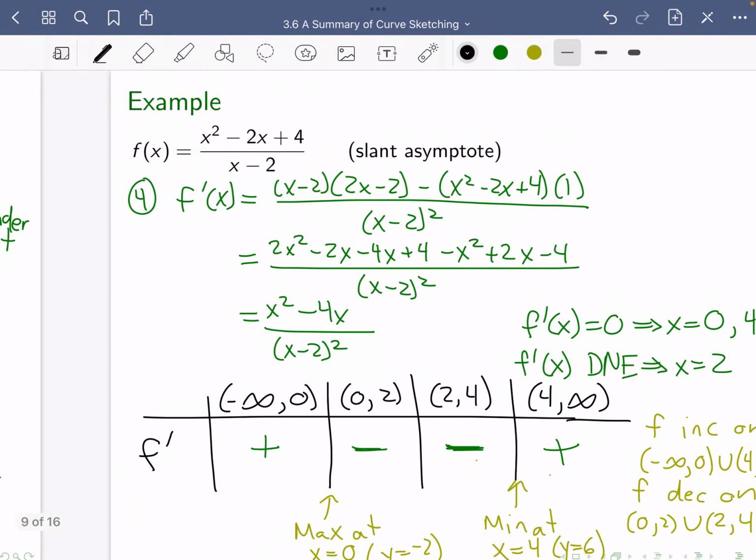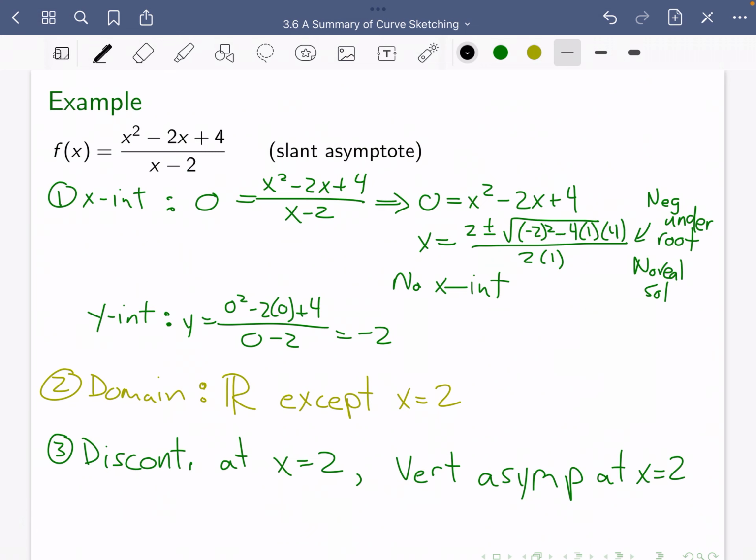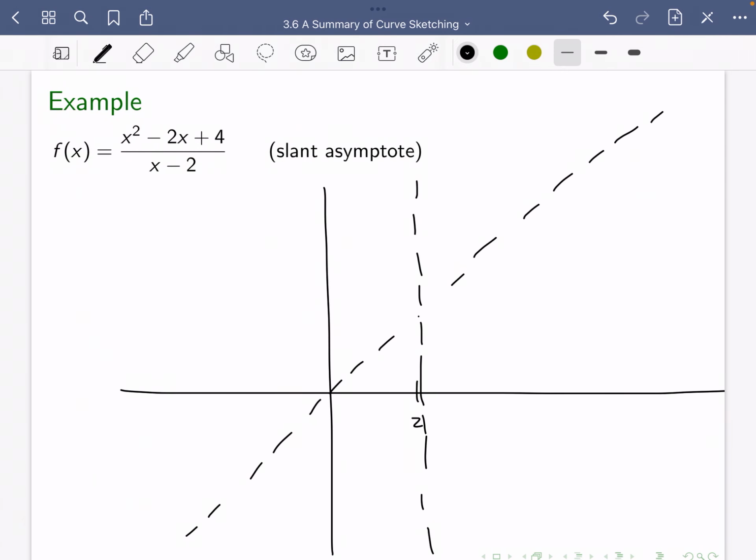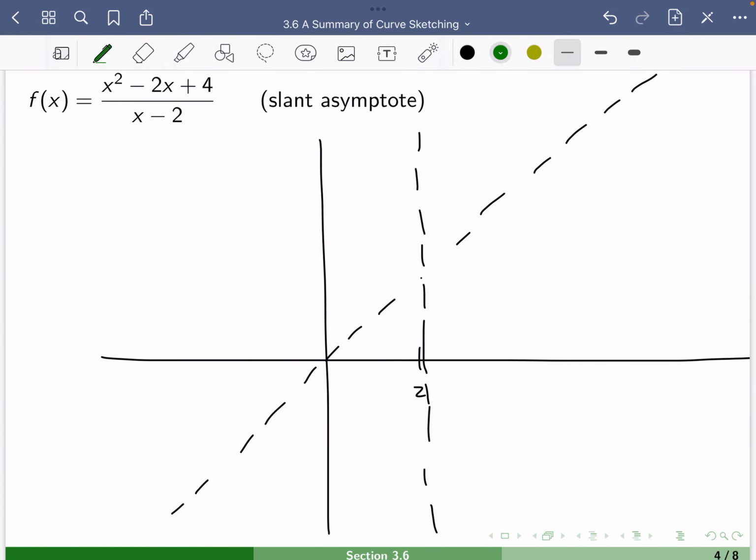What did we have for intercepts? Well, when y was negative 2, we had our y-intercept. There was no x-intercept. So there's our y-intercept.